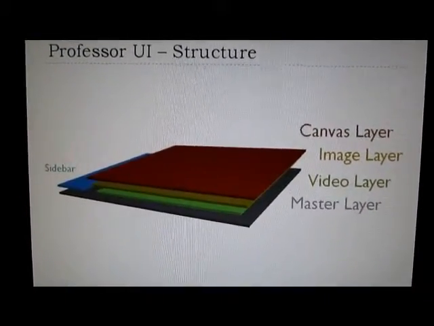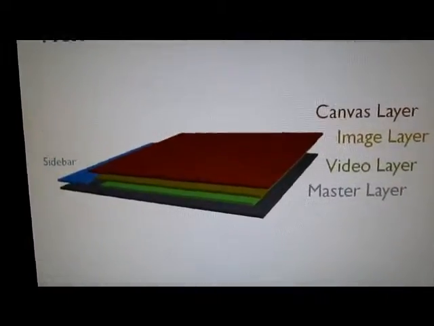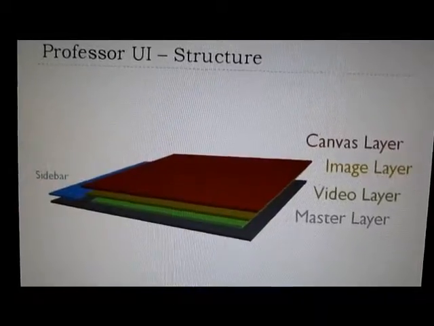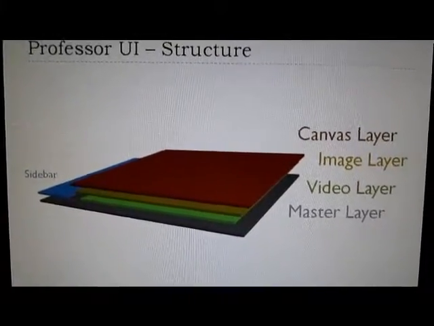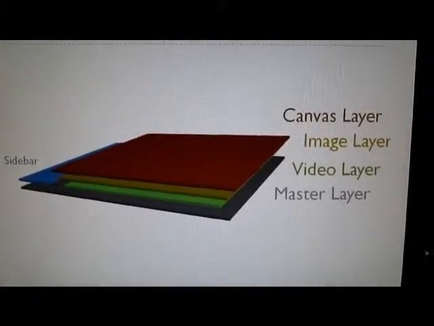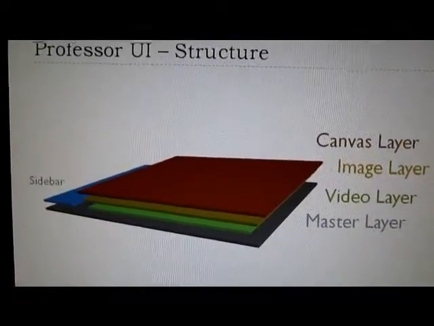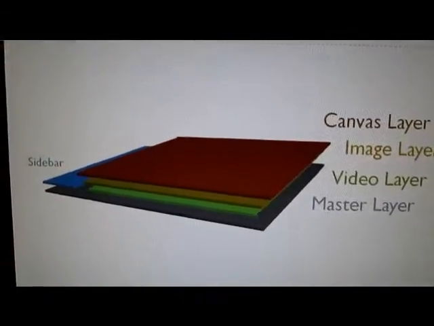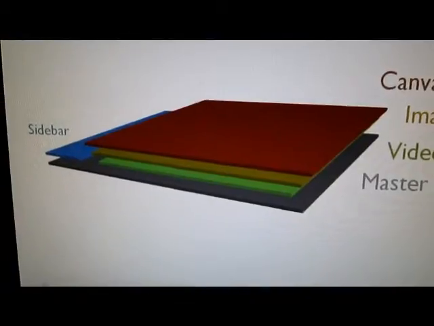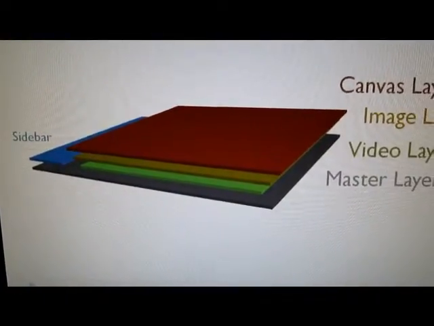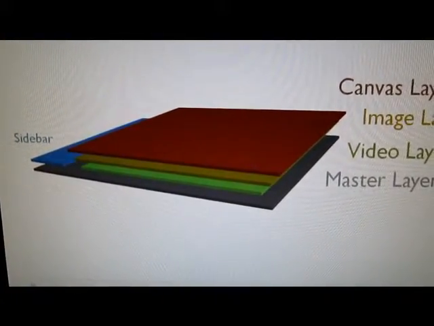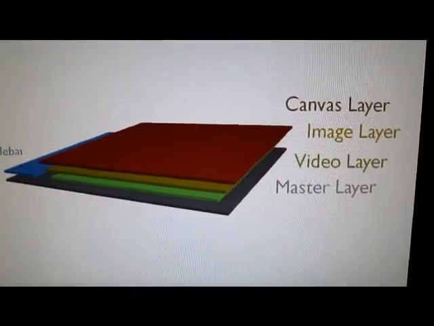Right here is a fancy little graphic that I took out from the midterm presentation and decided to add to here instead. Basically, it shows various layers of the UI. So if you were to flip the UI on its side and sort of split everything apart, this is kind of what it would look like.